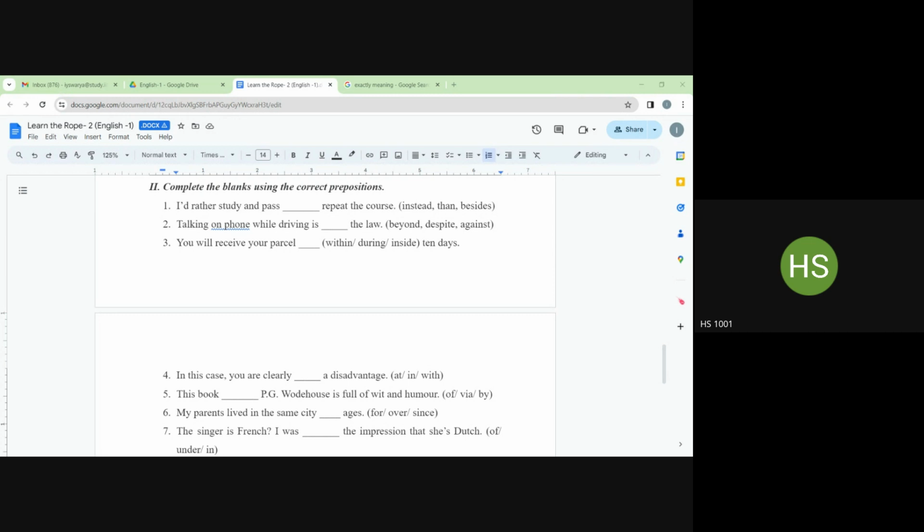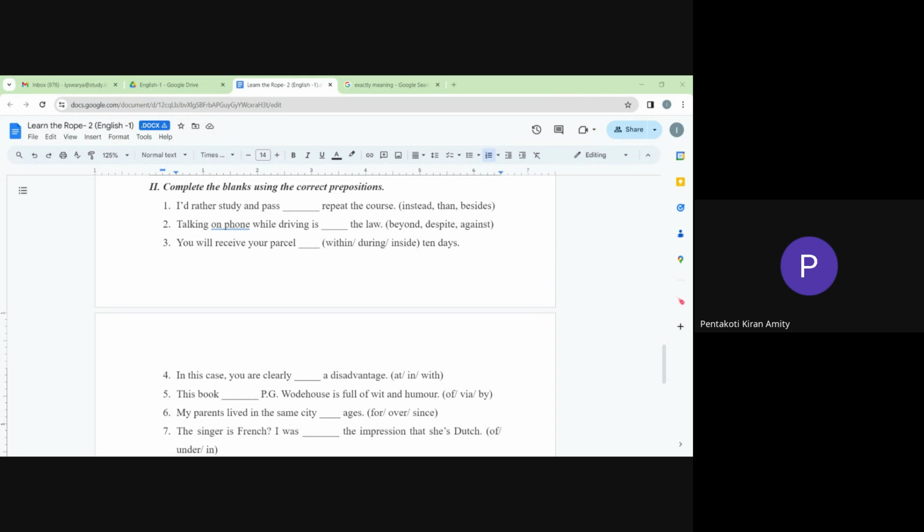Some nouns will take of, some nouns will not. Based on the noun you have, that is how you decide whether to use the preposition A or B or C. This cannot be categorized.